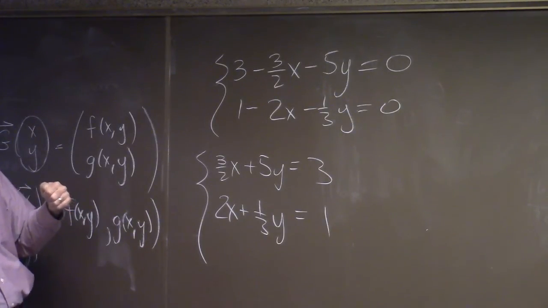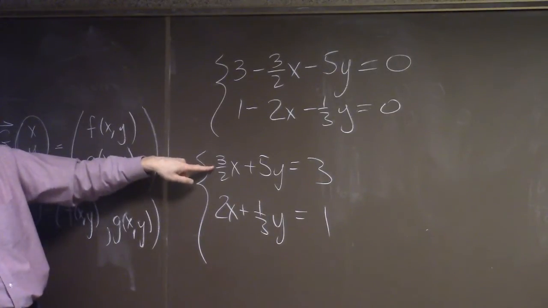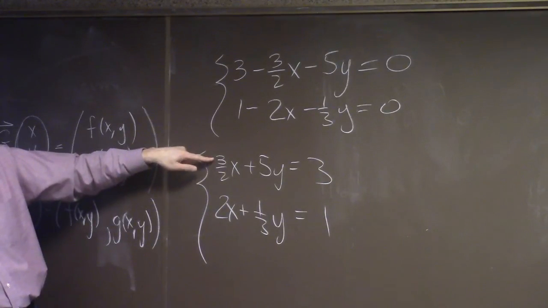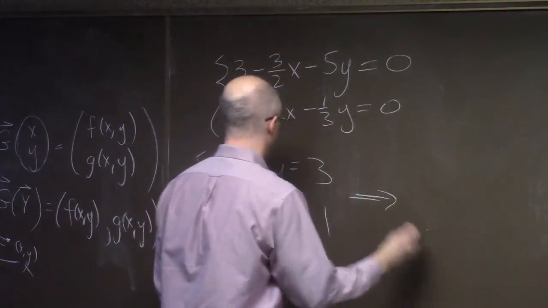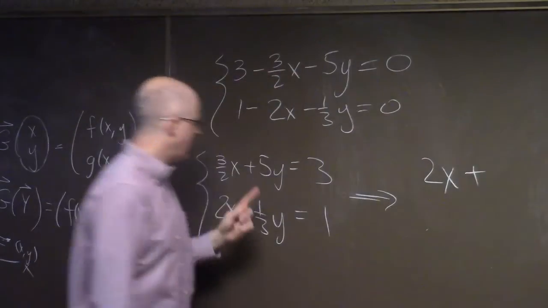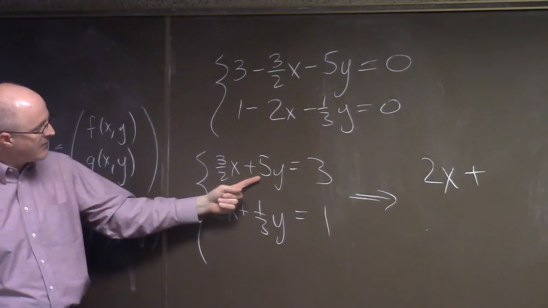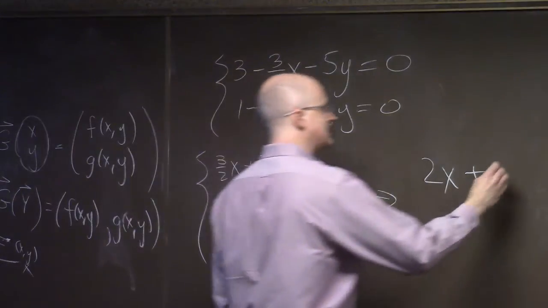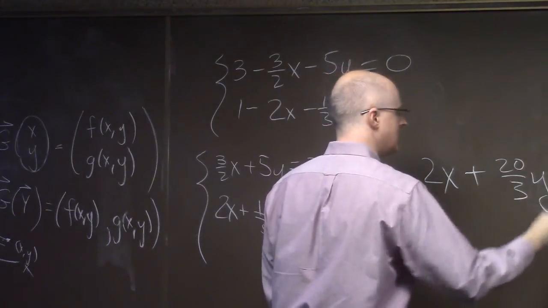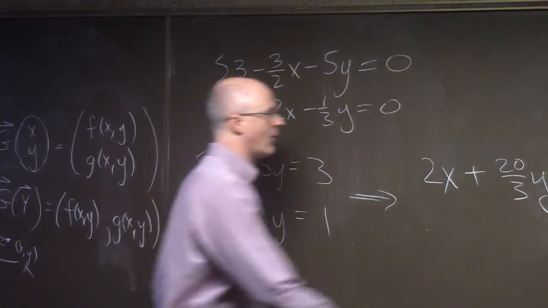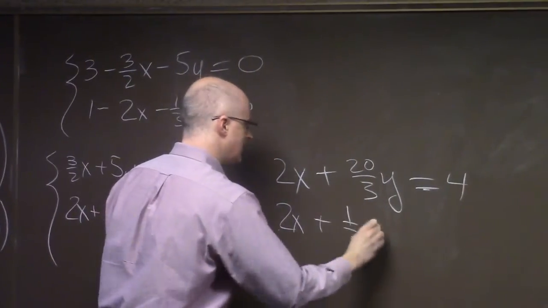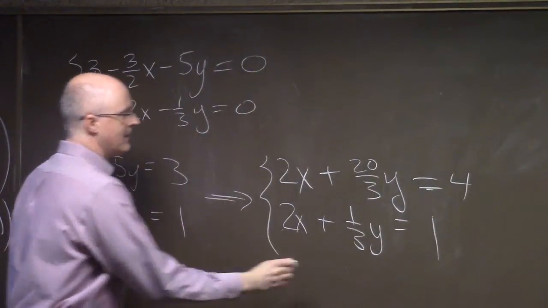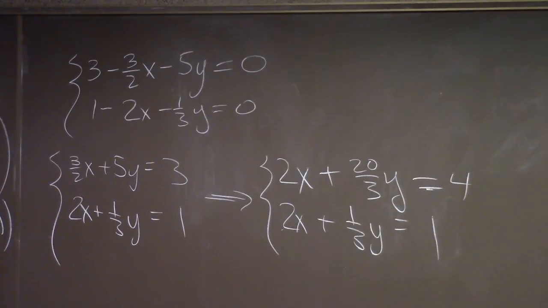If I multiply this by 4/3, 4/3 times 3/2 is 2. This would become a 2x. If I have to multiply everything by 4/3, if I multiply 5 by 4/3, I get 20/3. If I multiply 3 by 4/3, I get 4. Why did I do that? Leave the second equation the same. The reason I did that is because now if I subtract these equations, the x goes away. I've eliminated the x.